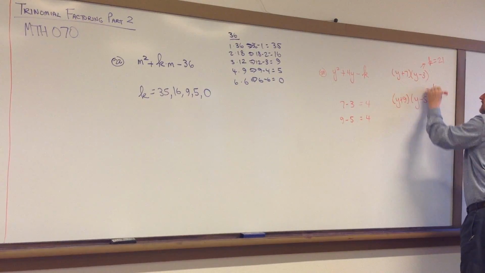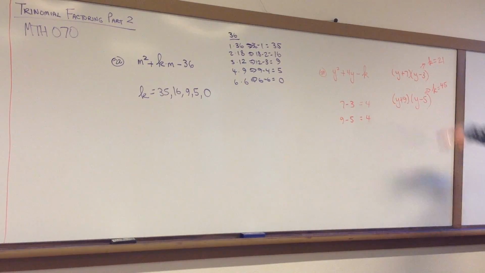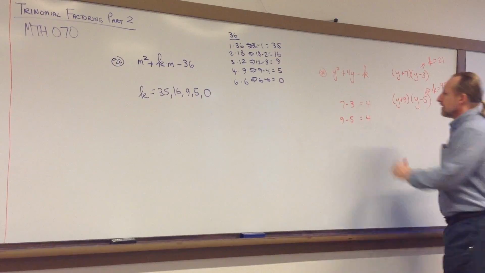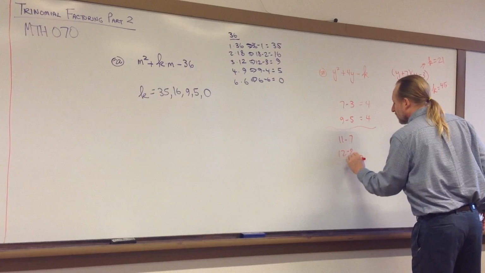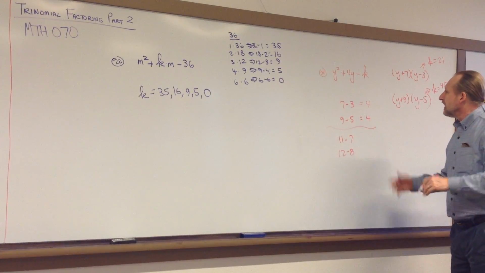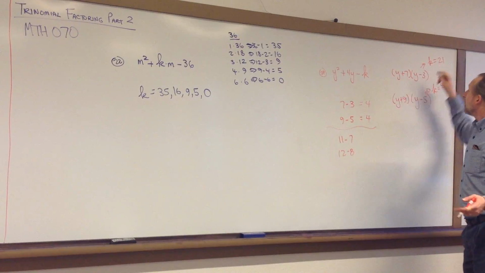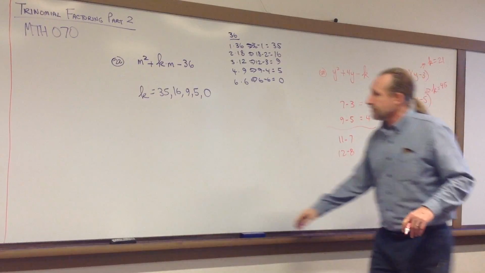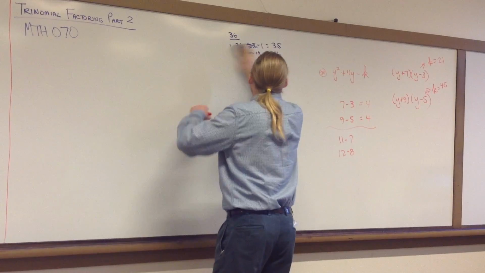And in that case, k would be equal to 45. And we could keep doing this. Like I said, there's actually an infinite number of solutions. You could just keep raising this number and this number by the same amount and keeping that difference at 4. And then when you multiply them together, you get the value for k. All right, let's look at one more of those.